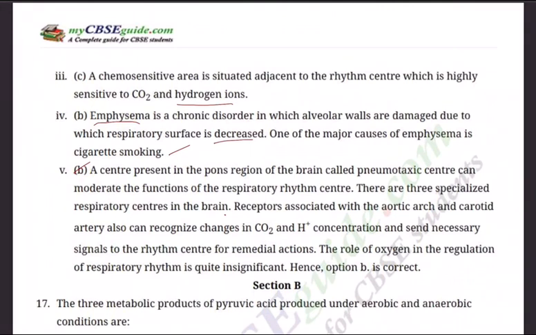Receptors associated with aortic arch and carotid artery also can recognize changes in CO2 and H+ concentration and send necessary signals to the rhythm center for remedial actions. The role of oxygen in the regulation of respiratory rhythm is quite insignificant. Hence, option B is correct.